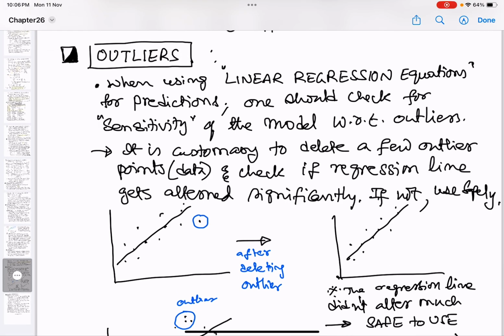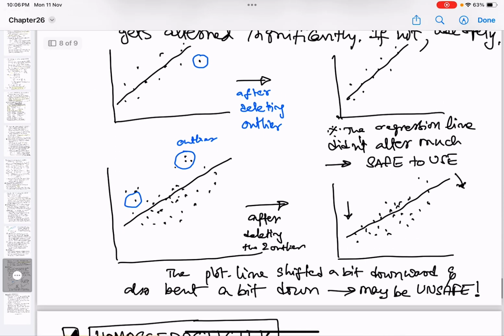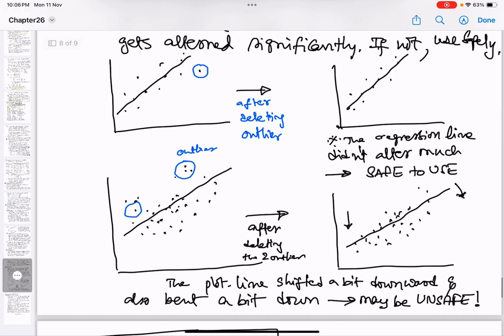Talking about outliers, when using a linear regression equation for predictions, one should check for sensitivity of the model with respect to outliers. Because if it's highly sensitive, then maybe Pearson is not a good method to use. It is customary to delete a few outlier points and to check if the regression line altered significantly or not. Look at the first diagram. This is after selecting the outlier.